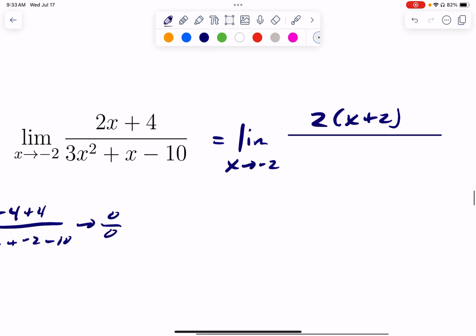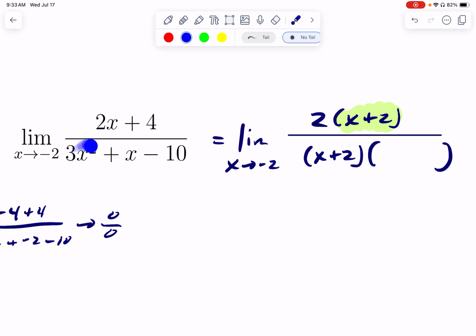But we can use this as a guide. We can now say, oh, this x plus 2, something is supposed to cancel. And in the numerator, all I have is 2, which is just a number. That's not going to ever give us 0. This algebraic thing is probably what's going to cancel. So maybe one of my factors in the bottom is x plus 2.